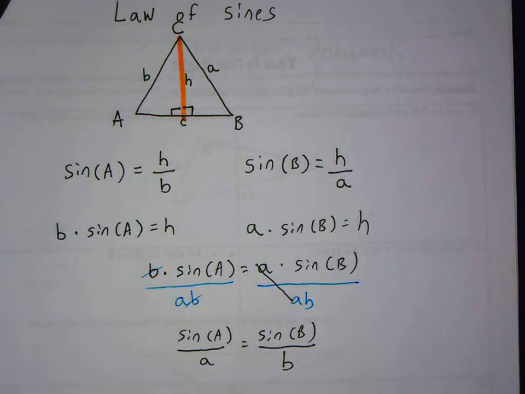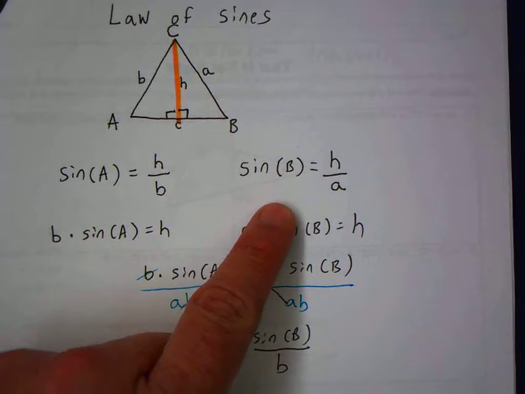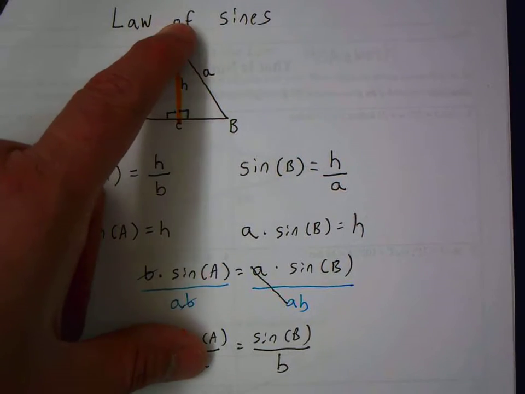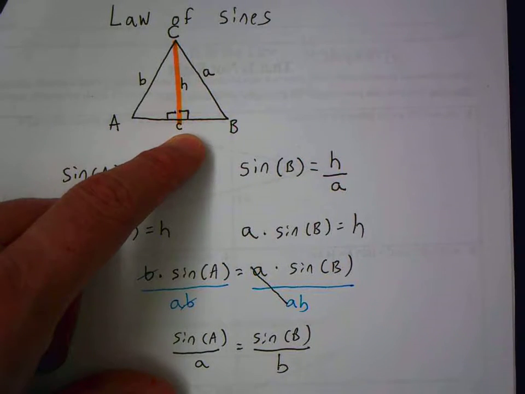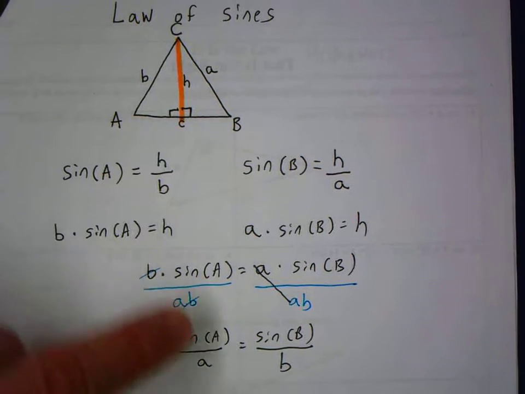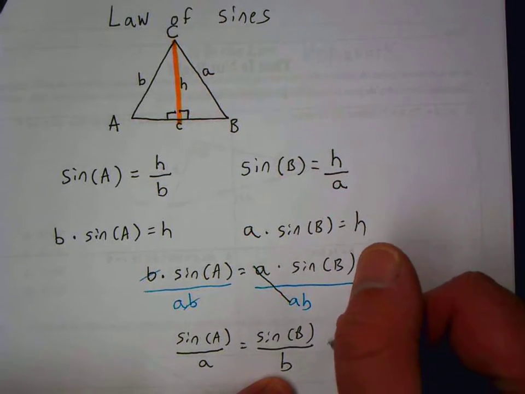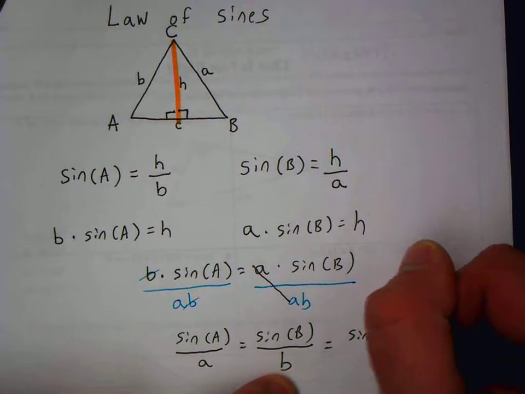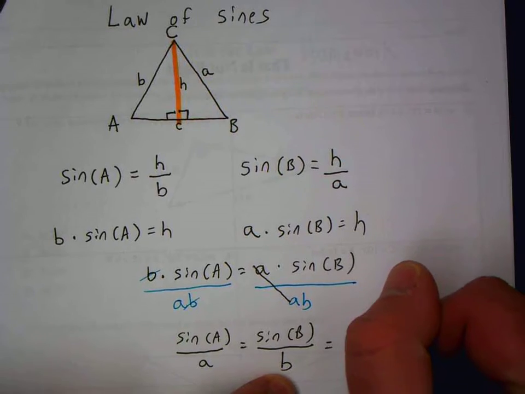And then if you did this exact same thing with sine of C, and you drew the triangle a different way, you would also get the same thing. You'd get sine of C over little c.